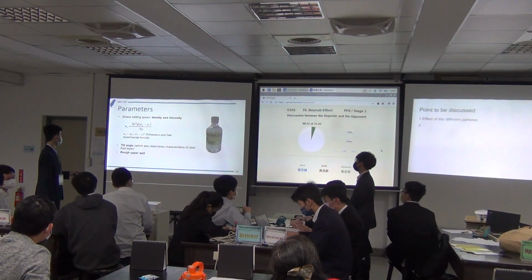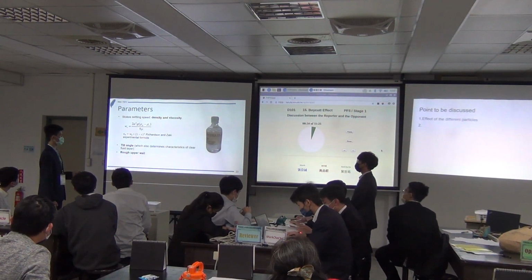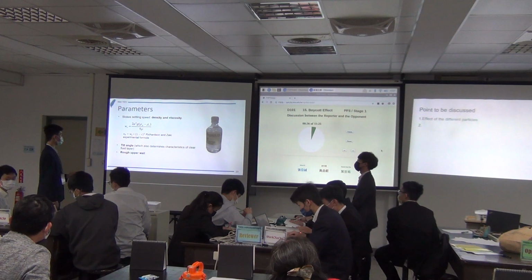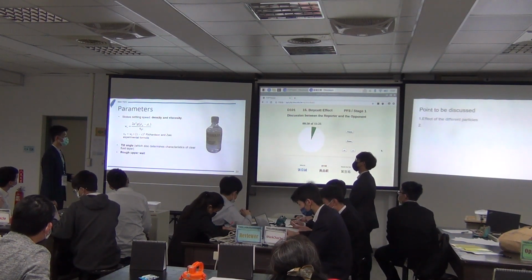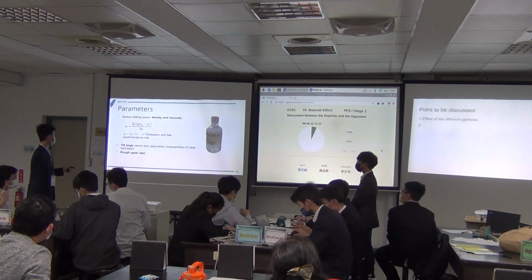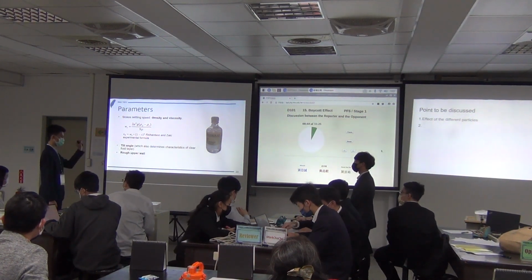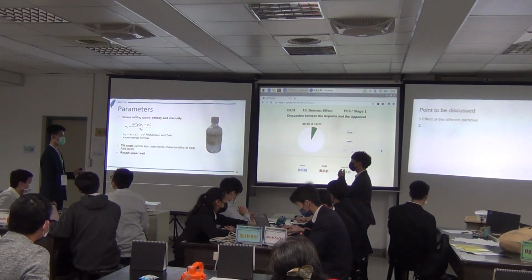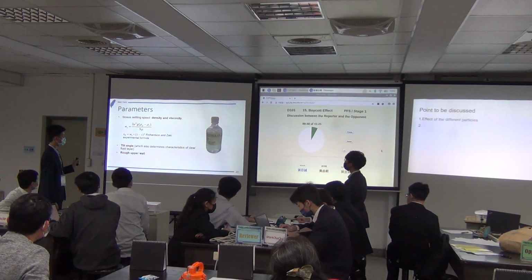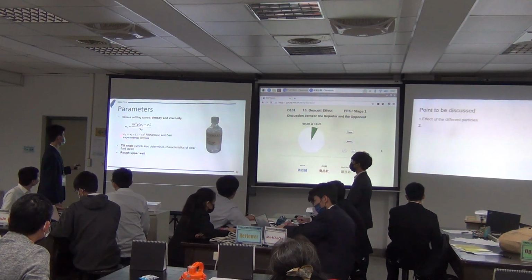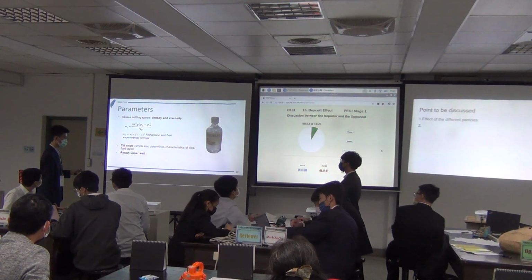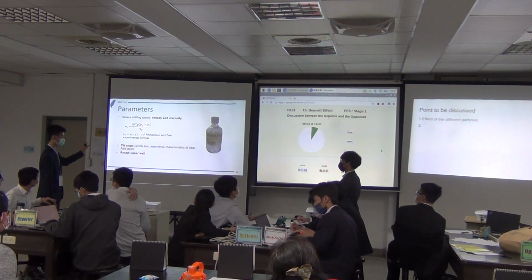This will make the settling rate faster. And one very interesting phenomenon is that if you use a particle with a faster sedimentation speed, then the clear fluid layer will be thicker.